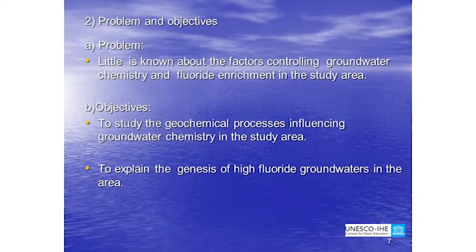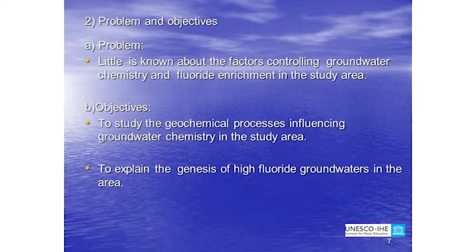So the objective of my study was to study the geochemical processes that are influencing the groundwater chemistry in that area, and also to try to explain the genesis of high fluoride in the area.